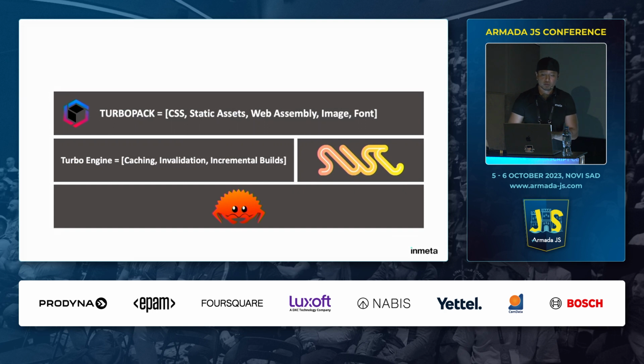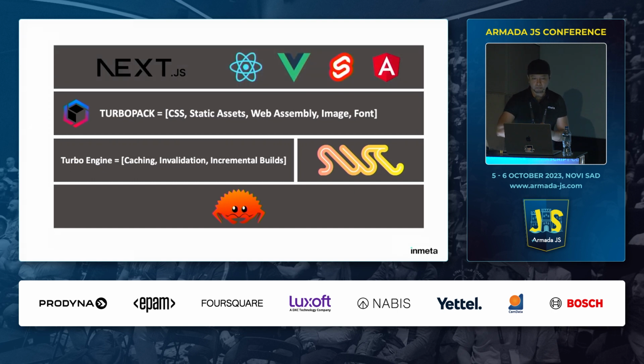The next one is the bundler itself, handling CSS, static assets, WASM, images, fonts, and more, leveraging SWC. And in the future, the plan is to also support other JavaScript libraries and frameworks.